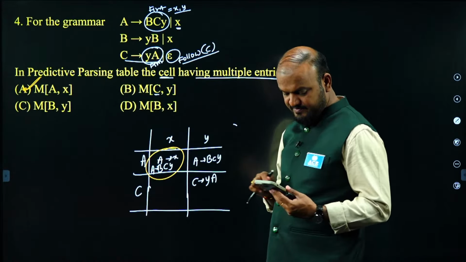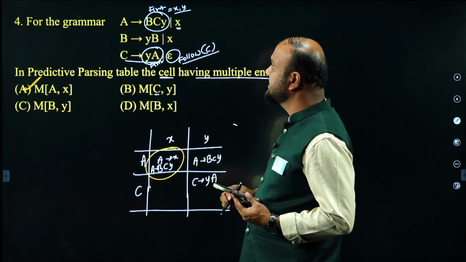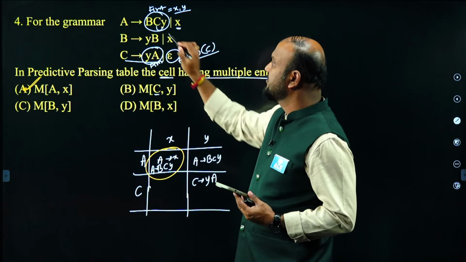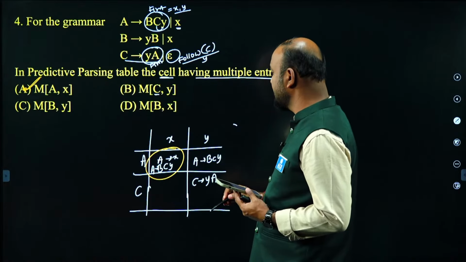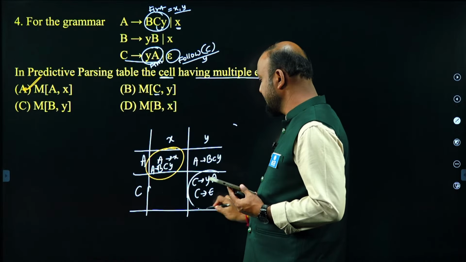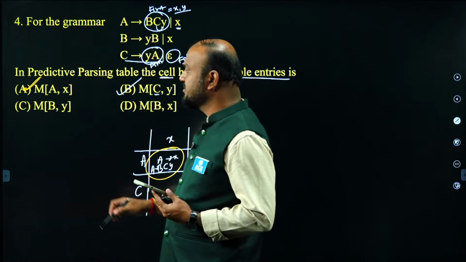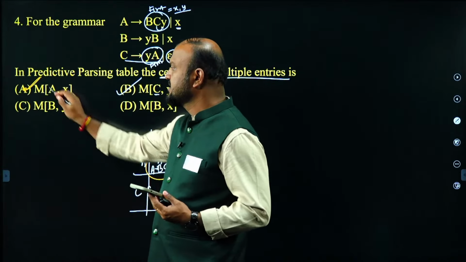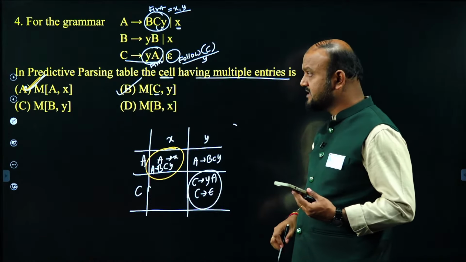Now what is the follow of C? Follow of C is Y. So C tends to epsilon also you write in the Y column. This is also an entry defined with multiple productions. So A is correct, B is correct, and just check for C.